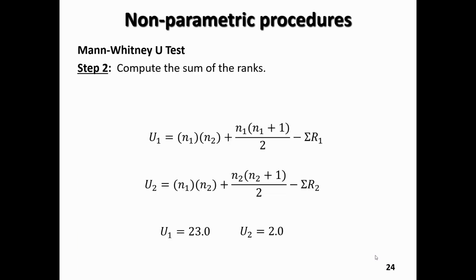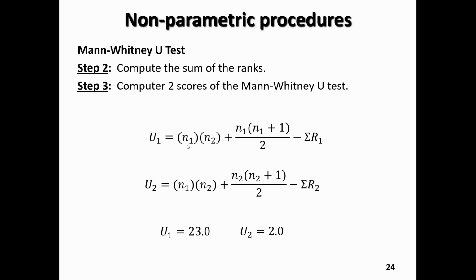Once we compute the sum of the ranks, the next step is to compute 2 scores of the Mann-Whitney U-test using the equations below. We calculate U1, related to the first group, and U2, related to the second group, and these are the test statistics for this type of test.